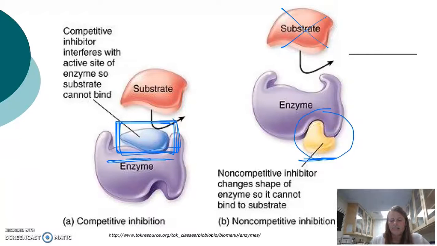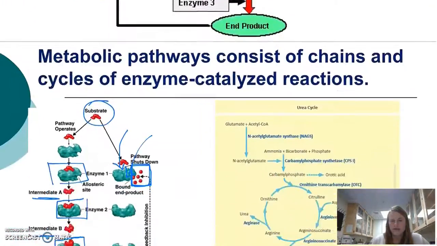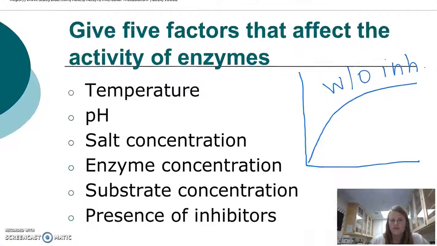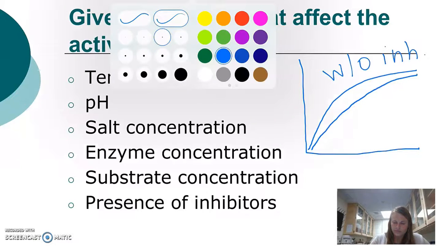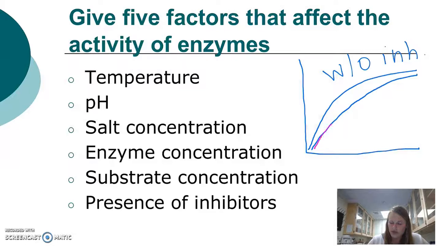So as I add more substrate, wouldn't it be true that the substrate could ultimately outcompete this competitive inhibitor and be able to bind? So when we draw a graph of that, it would look something like this, where in the beginning, yes, the rate of enzyme activity is lower than it would be when I don't have an inhibitor.